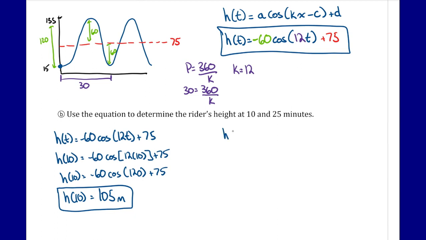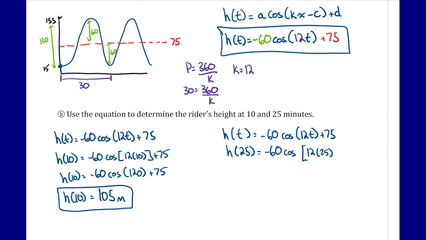For the next one, h at 25, it's the same idea. Negative 60 cos 12t plus 75. Oops, t for right now. I'm going to replace t, though, with 25. So negative 60 cos 12 times 25 plus 75.